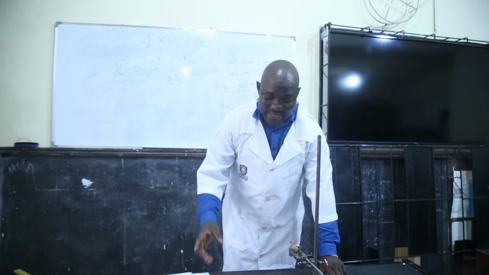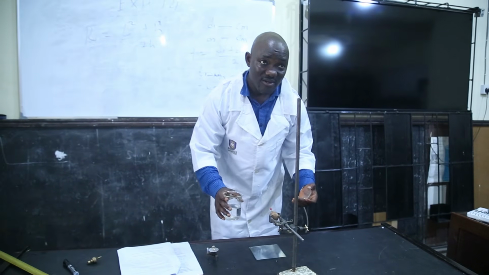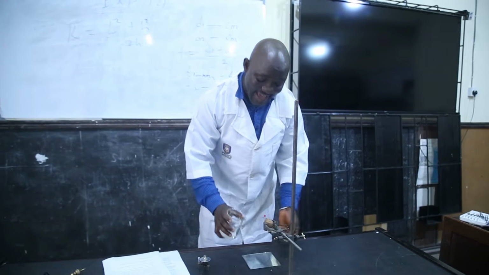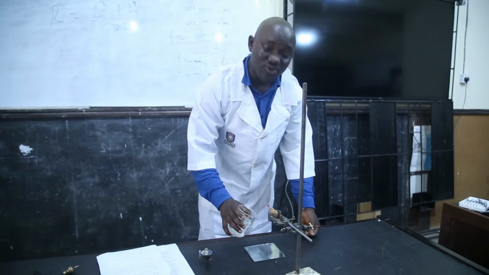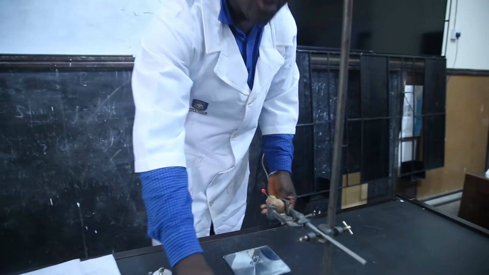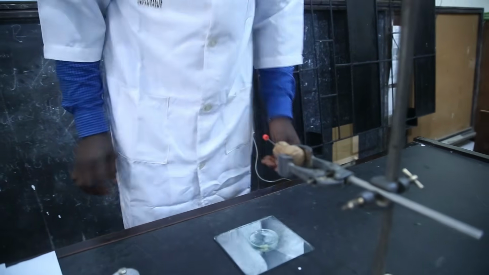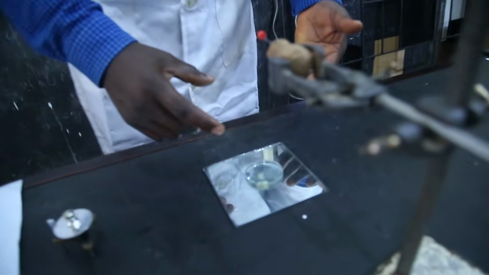What you do is that you still repeat what I did earlier. Then the only thing you are introducing now is to add a drop of water on the surface of the plane mirror. Then you place your lens, the convex lens, on it.